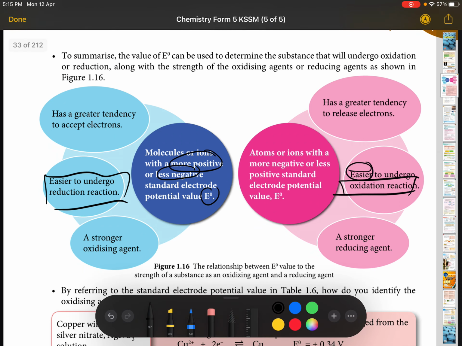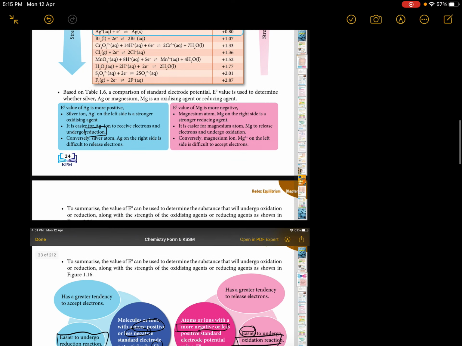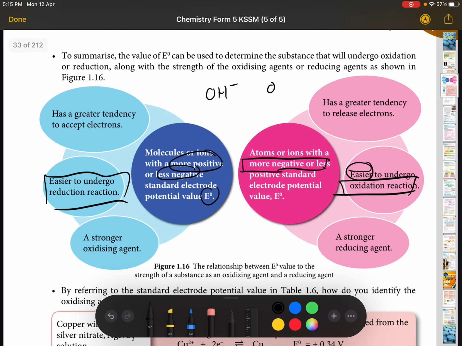So the way we find the easier electrolyte that undergoes oxidation, we need a more negative or less positive E0 value. So I'm gonna go back there again and double check. 0.40 and 1.36. So OH minus is positive 0.40, and Cl minus is 1.36 positive, if I remember correctly.